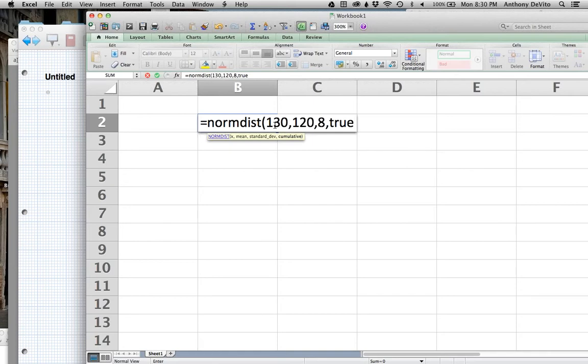If you put in false, it's only going to give you the probability for that exact number. Since we're dealing with a discrete number, just that number 130, it's not going to have much meaning for us. Technically, it'll have some meaning for the program. For us, we really are looking for areas, so I'm always going to use true in this particular case.